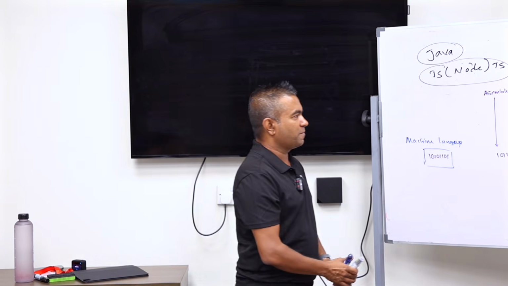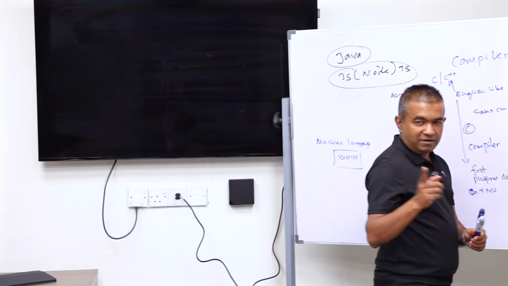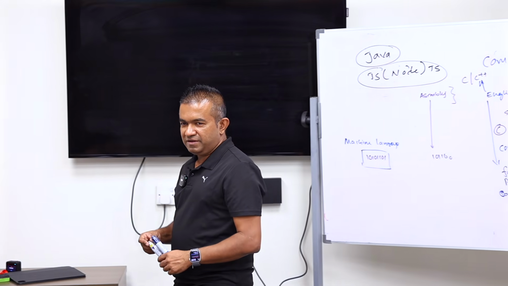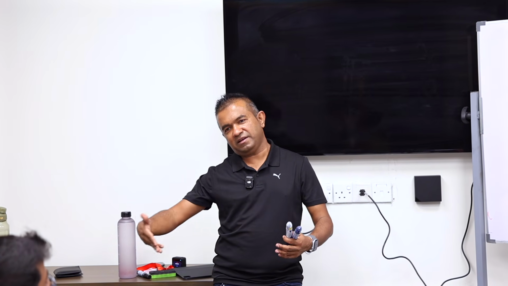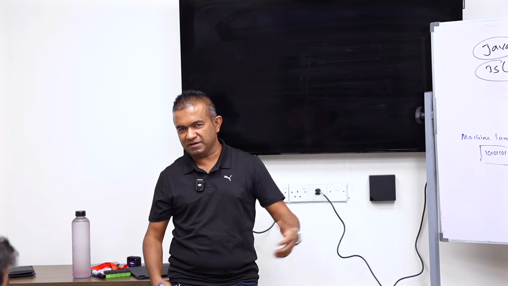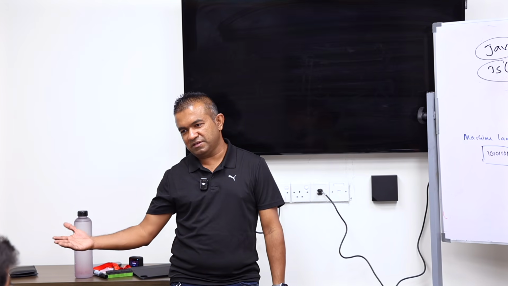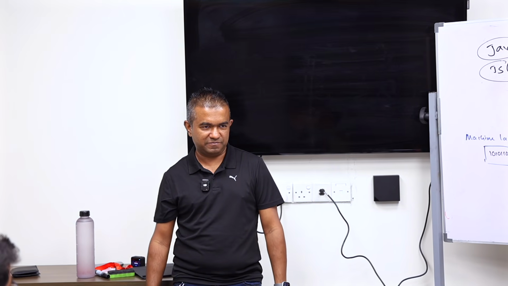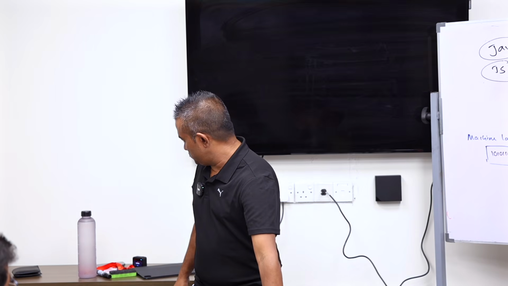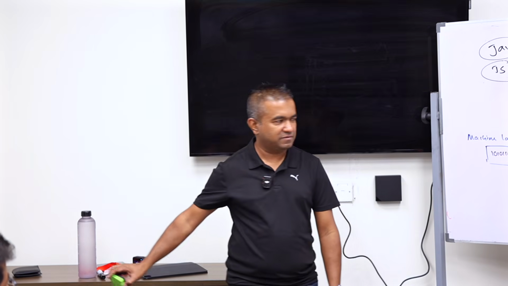It is slow, but it can run platform independent, because there is no compilation. Any platform which has the interpreter can interpret the code. If you run Node on a Mac, the interpreter on the Mac can interpret it. If you run on Windows, the interpreter on Windows can interpret it. That is different. You need to understand this before we go into Java, okay, clear?